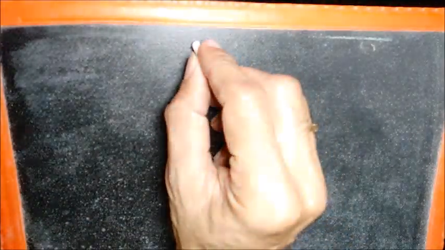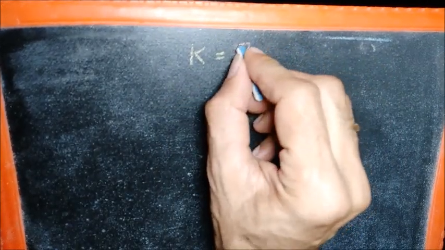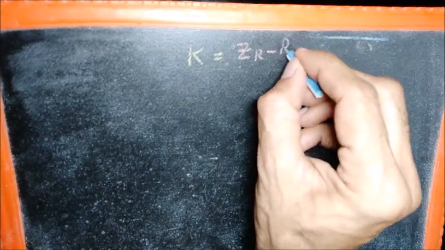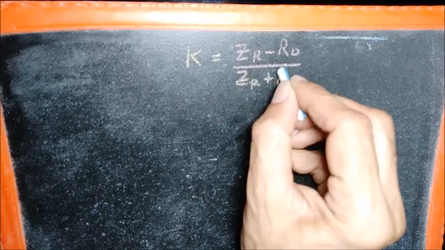Okay, in the previous lecture, towards the end, we had discussed the concept of reflection of the voltage waves and the current waves from the load side towards the source side, and we had identified the reflection coefficient K as equal to ZR minus R naught divided by ZR plus R naught.